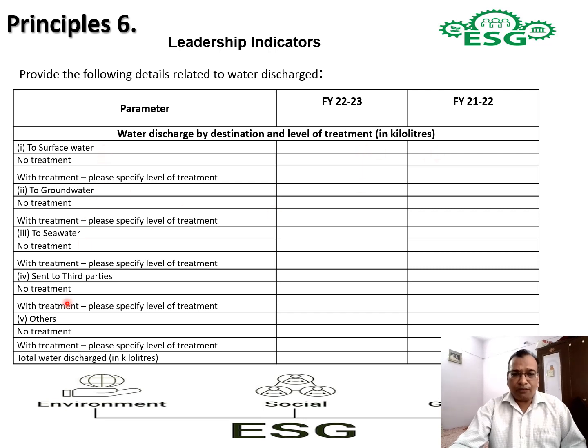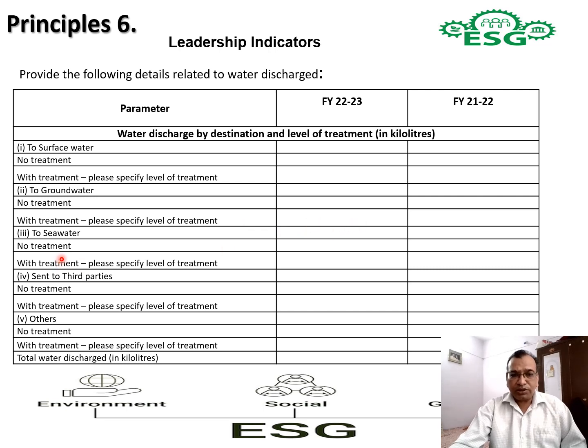Now they have given the five destinations of the discharges. Whether you are going to discharge to surface water with treatment or without treatment, you have to give both the values in kiloliters. Then if you are going to discharge to groundwater without treatment or with treatment, then you have to disclose the figures.